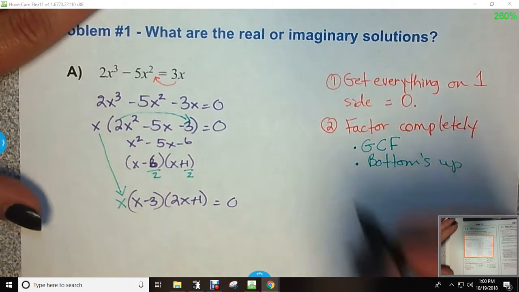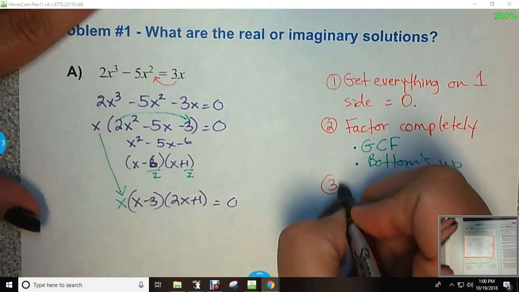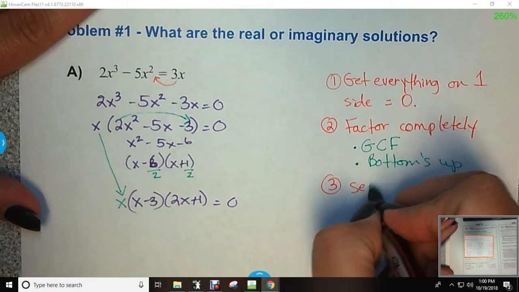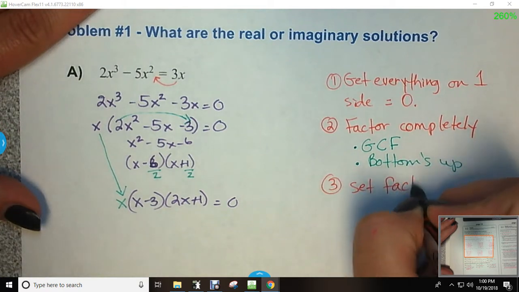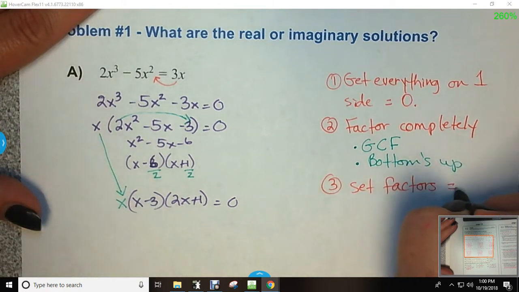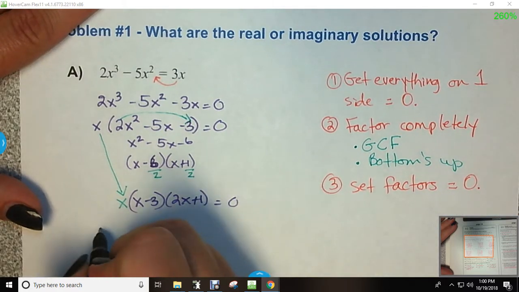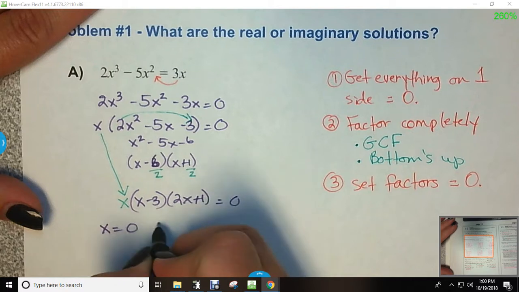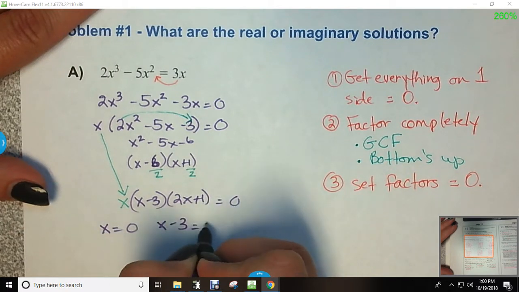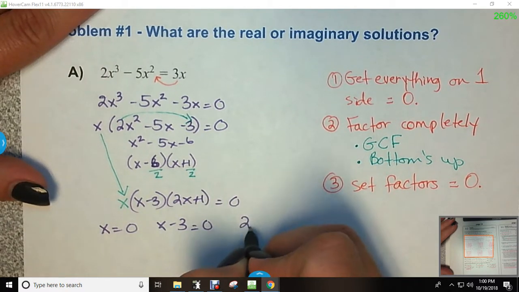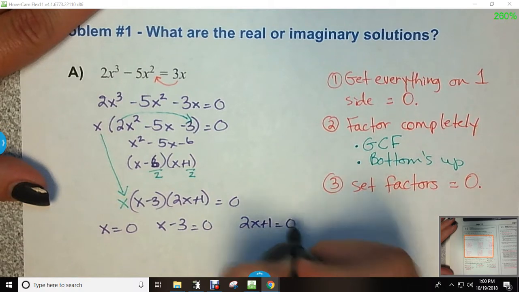Once you get it factored completely, just like we did in the last section, you're going to set the factors equal to 0. So x is a factor, x minus 3 is a factor, and 2x plus 1 is a factor.